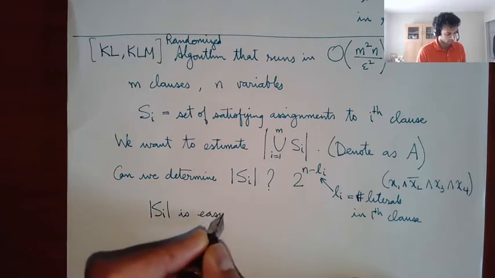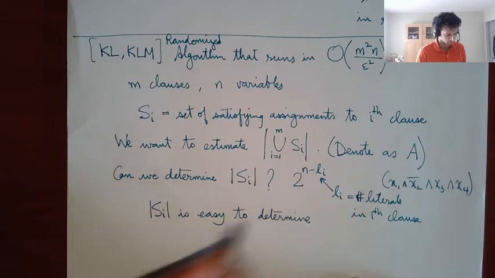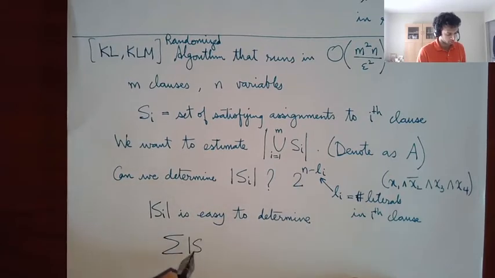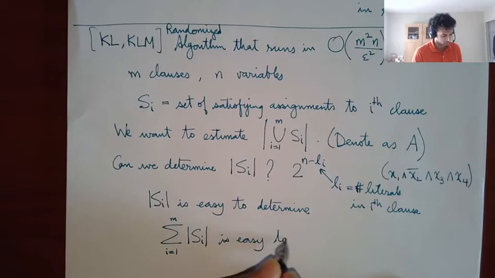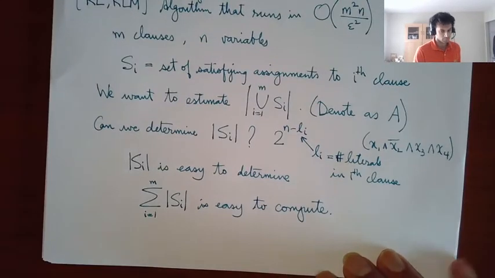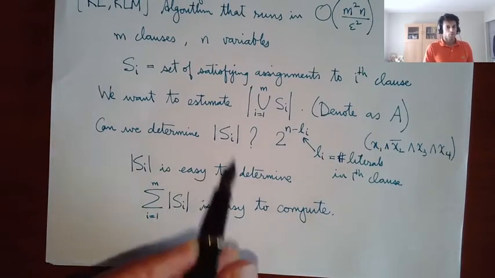So this is easy to determine, and this is also easy to determine, which is the sum of all the S_i's. This is easy to compute. One way to think of this is you have a collection of sets.